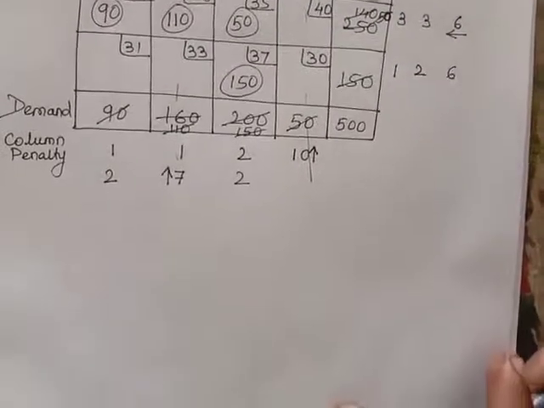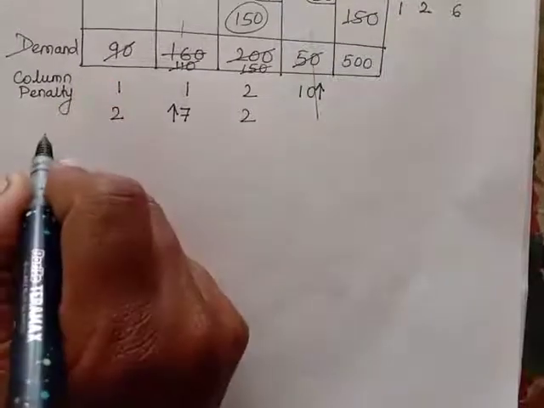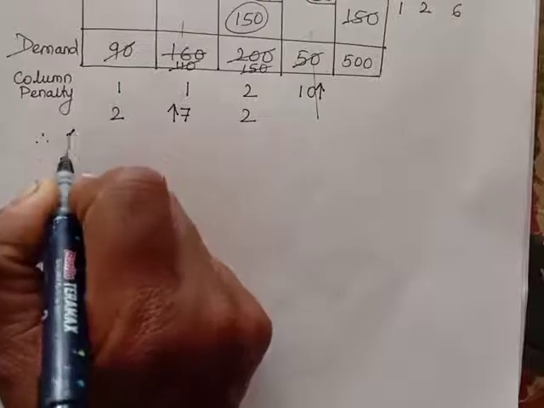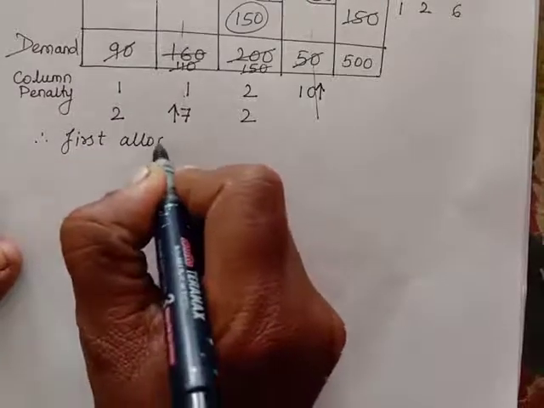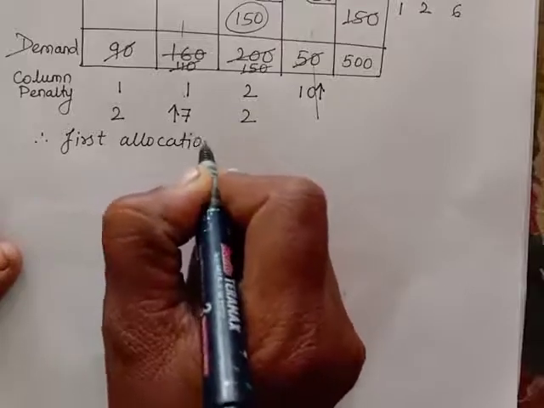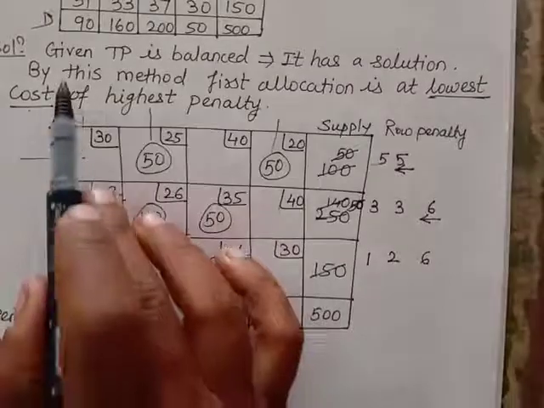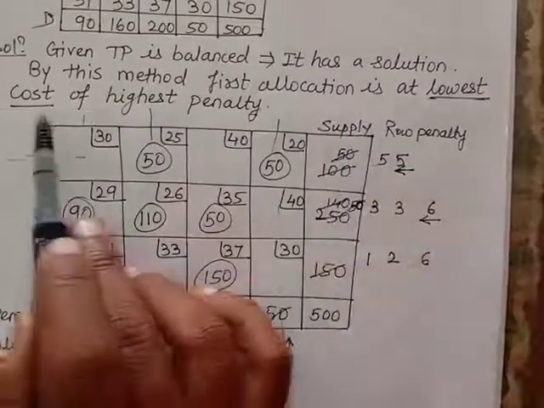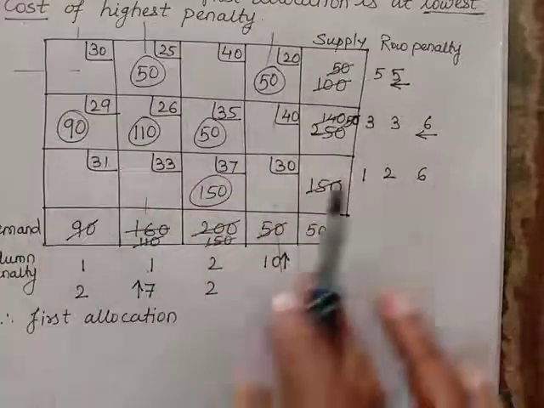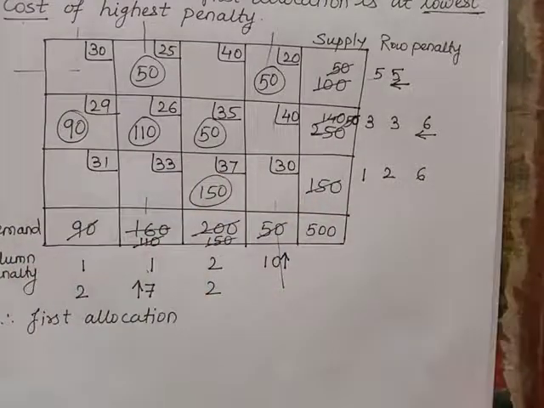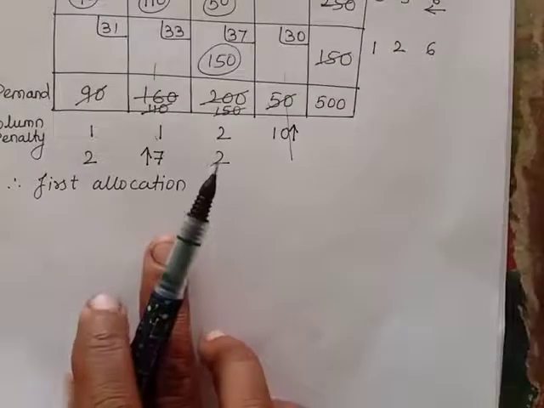Now let me write in short these things. Therefore, first allocation. Now I have written this part first. By this method, first allocation is at the lowest cost of the highest penalty. Now I have explained how we do the allocation, but I won't write for every allocation, I will write only for the first allocation.